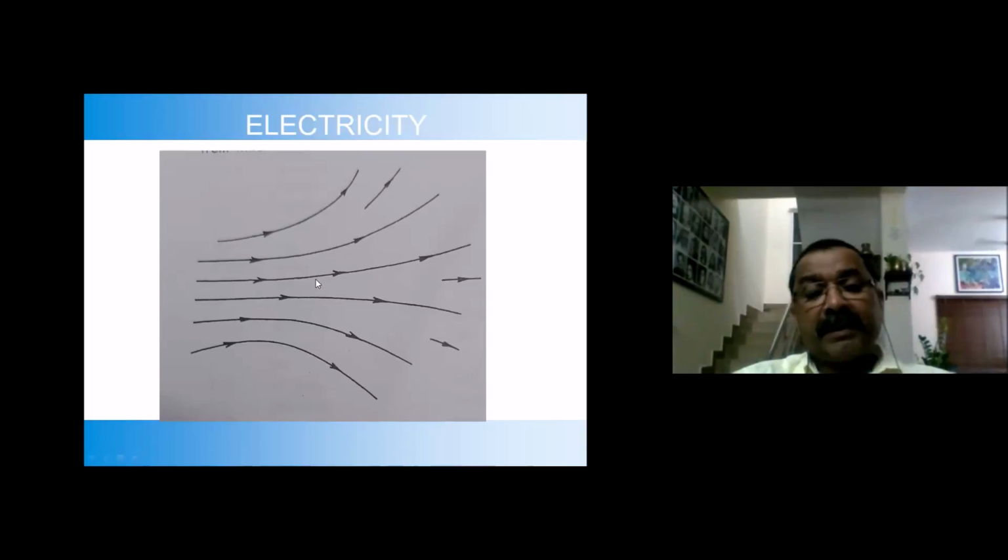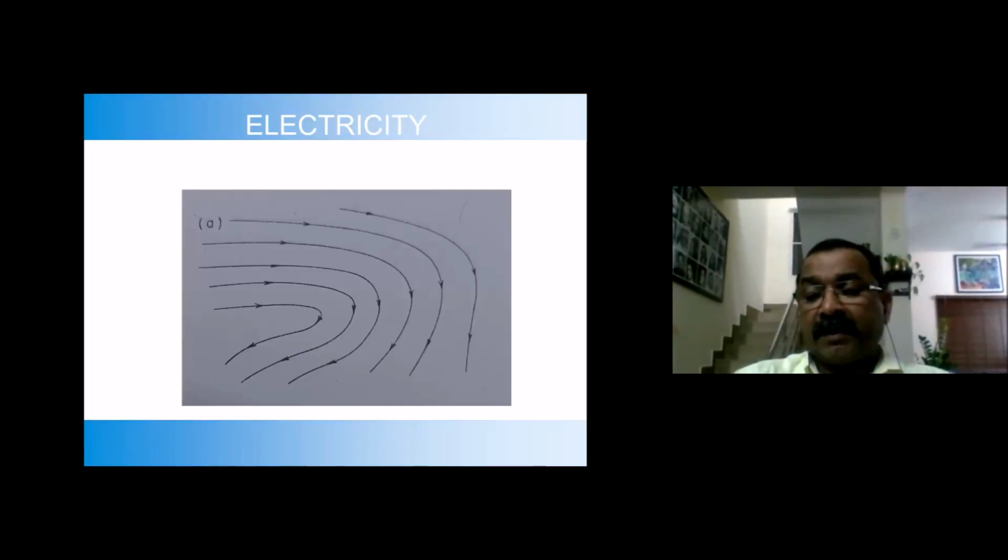Overall, though, this picture gives a better feeling for the field. Again, this is another field. Let us say a river flowing, the flow of water. We can say a field of flow of water, another way of representing it.